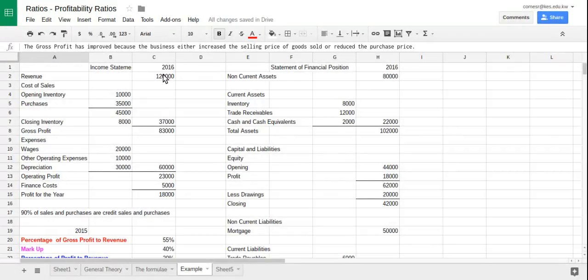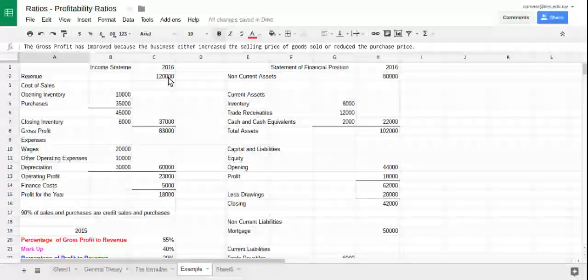And if we sell more goods, so if we were to double our revenue, we would also double the cost of buying those goods. So the actual ratio, although the total amount of gross profit would go up, the ratio between the two, the percentage that's cost of sales or that's profit, will not have changed.